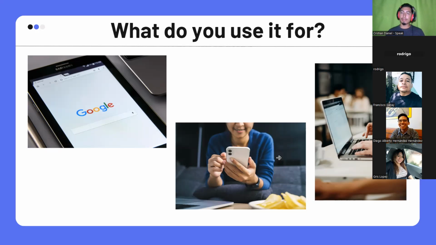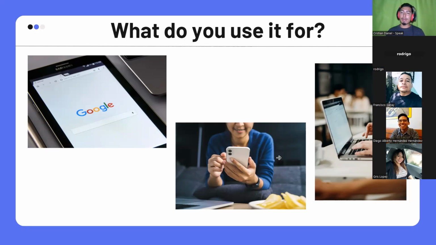I review messages, or I check the employees, or I receive calls. And the other day, the whole day, I used the computer and the cell.